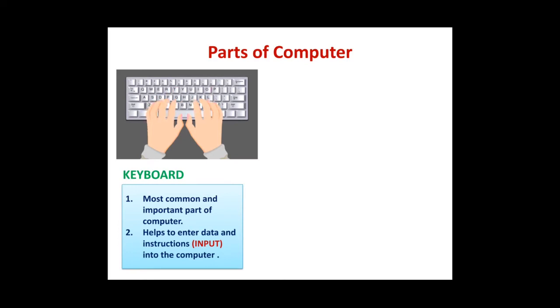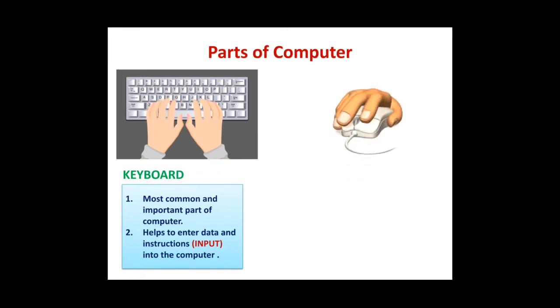In class 2 also, when you used to draw on Microsoft Paint, your teacher always told you to write your name, and with the help of keyboard only you were writing. So keyboard is used to type, to write something. While doing emails also we use keyboard. So wherever we need to type something, we use keyboard.